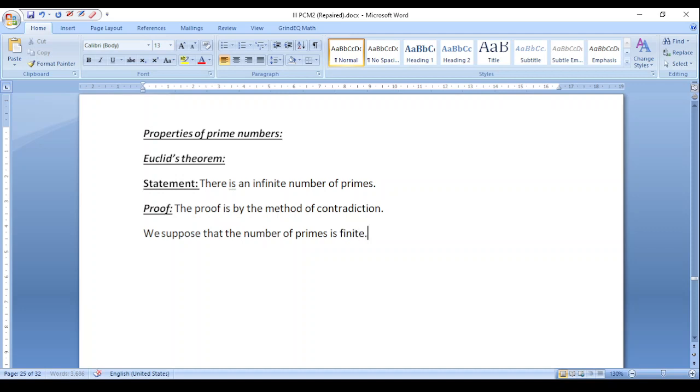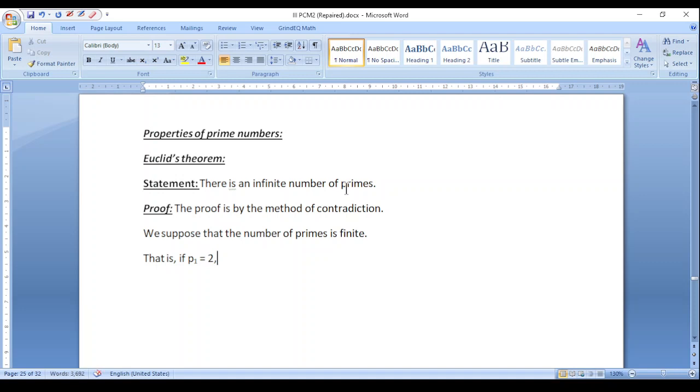Okay, that is, if we try to list the primes in an order, say P1, P2, and so on. That means P1 is going to be the first prime, which is 2, obviously.